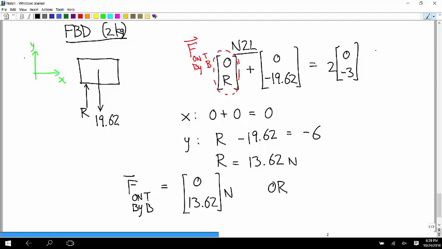What direction does the arrow go? Yep, it goes in the positive y direction, and it has a magnitude of 13.62 newtons.